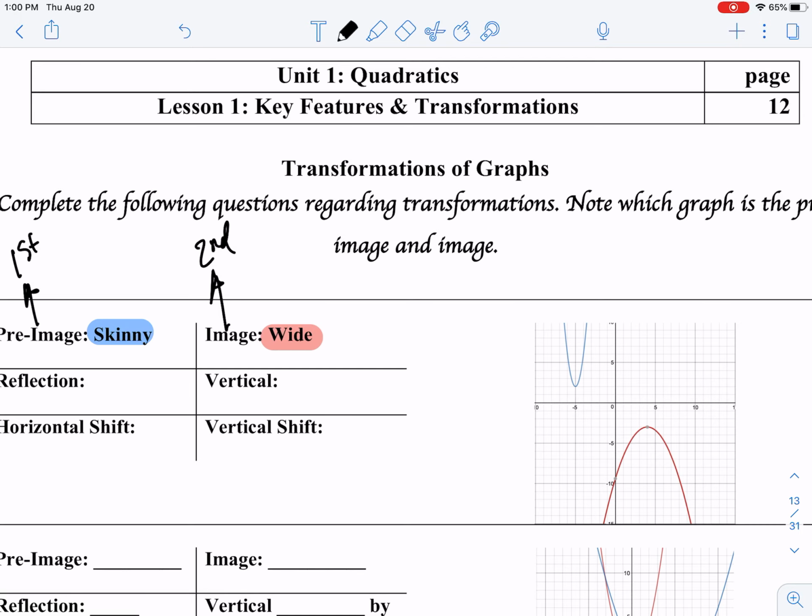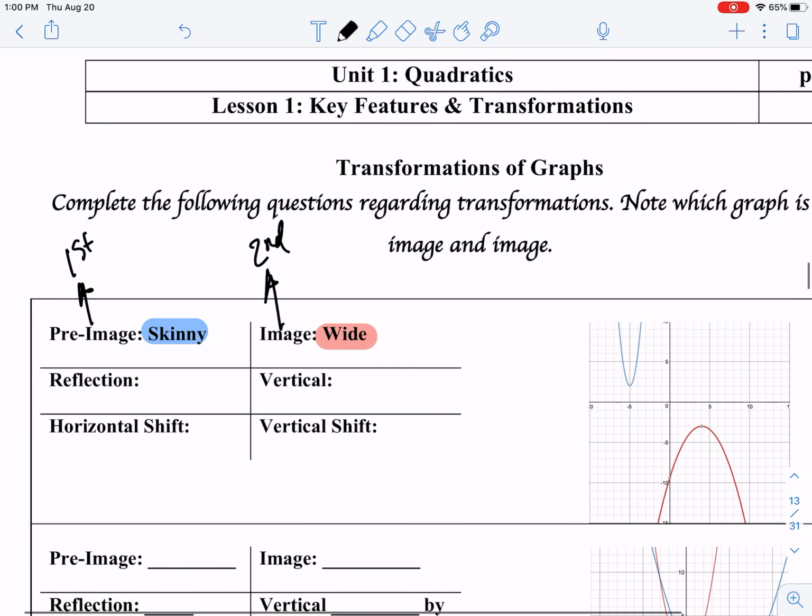Now, like I said, reflections are probably the easiest, and it's either just a yes or no kind of answer. The pre-image looks like a U. The image looks like an N. So U to N has changed shapes, therefore a reflection has occurred.